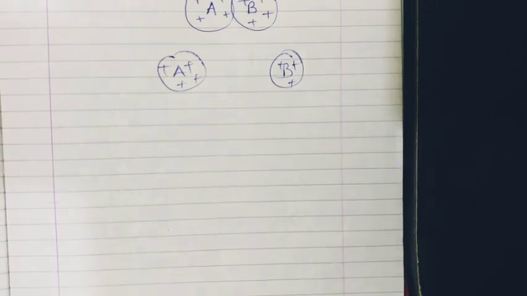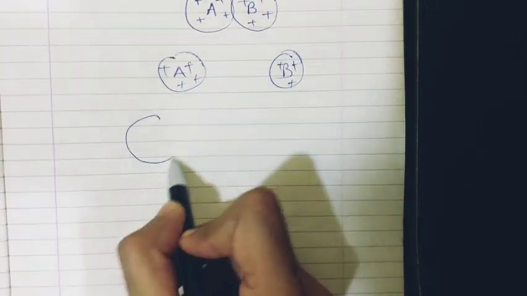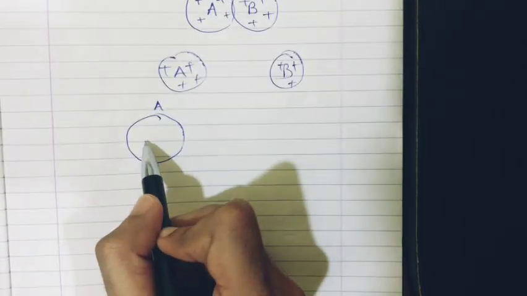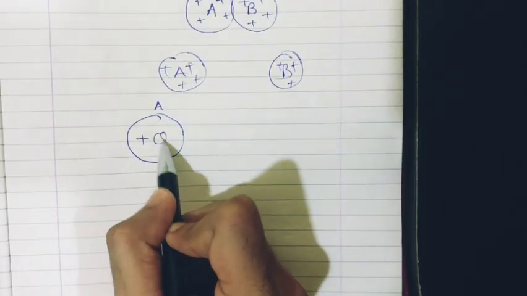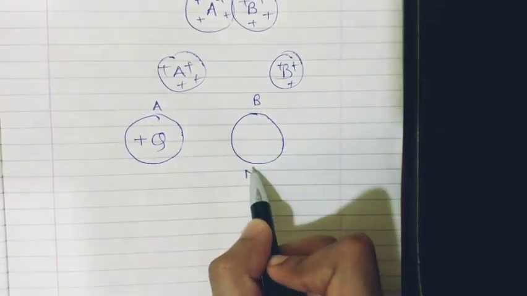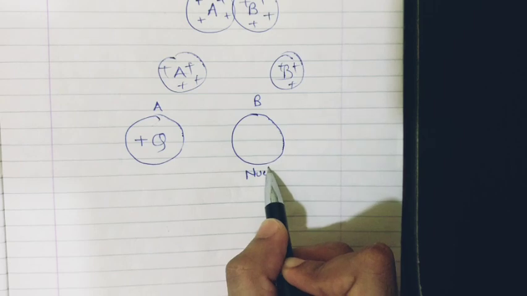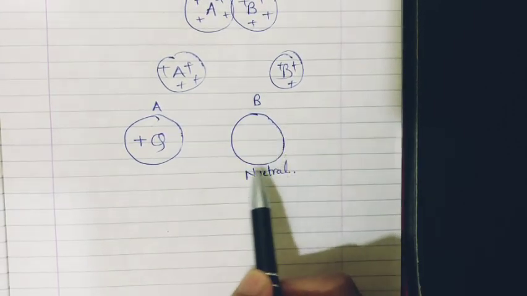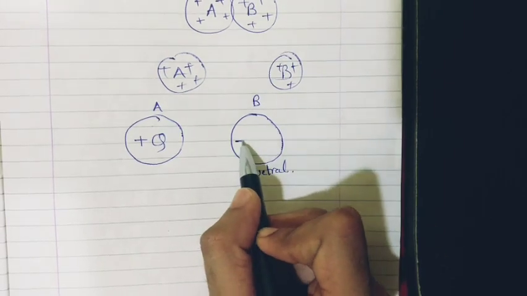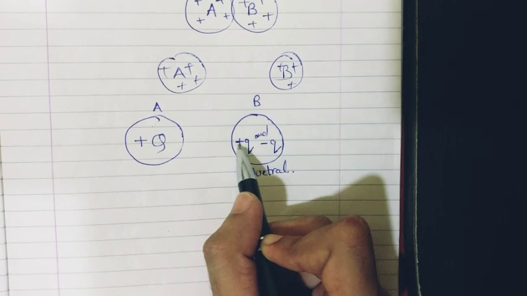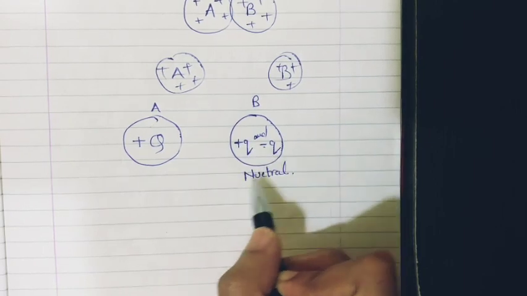Another important thing to note over here is, if I have body A which is positively charged, let's say body A has a positive charge of plus Q, and I have another body B which is neutral. What do we mean by a neutral body? It has an equal number of positive and negative charges, so it has plus q and minus q, they cancel out each other, and it becomes neutral.